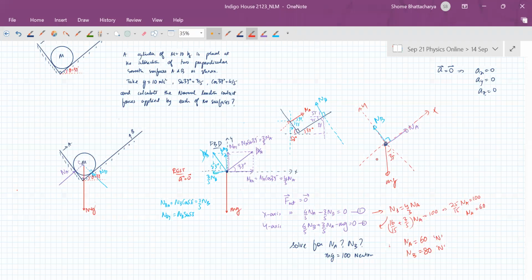So you can resolve mg into the components and balance it with Na and Nb.